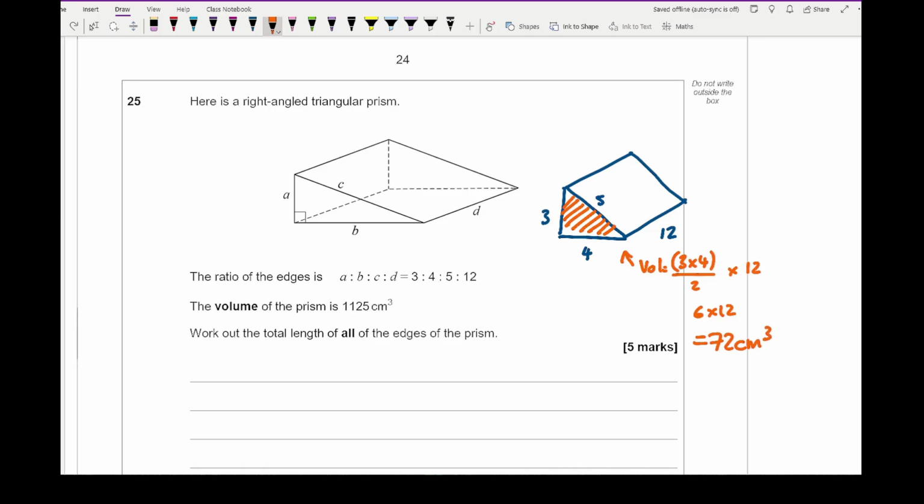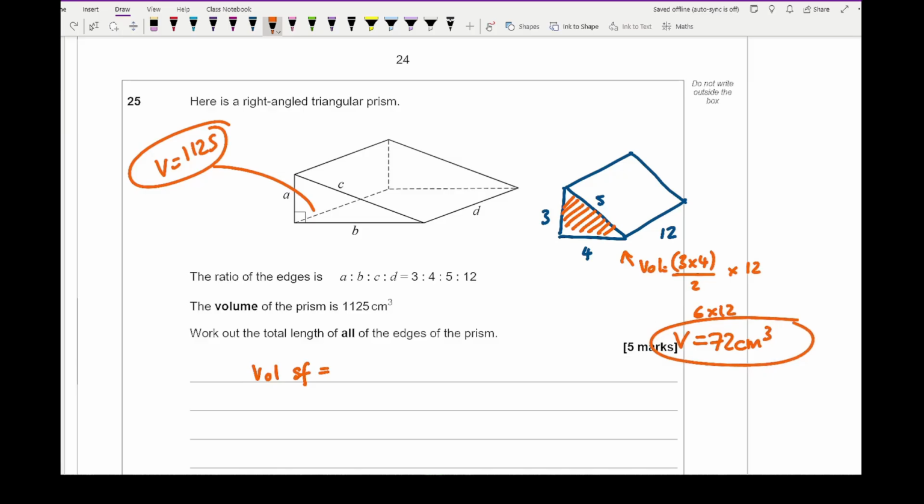Now from this, what we then know is that the volume of the big shape is 1125, and the volume of the small shape is 72. So to find the volume scale factor, which is k cubed, it is equal to 1125 over 72.